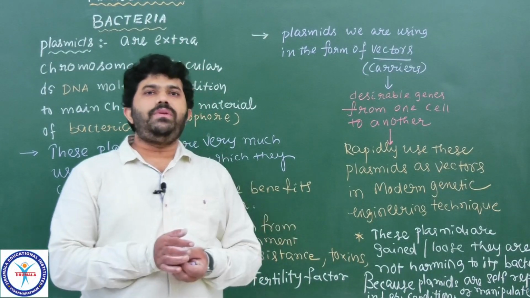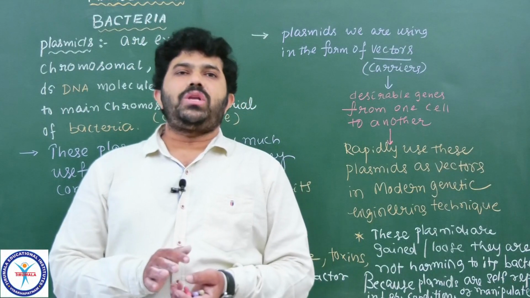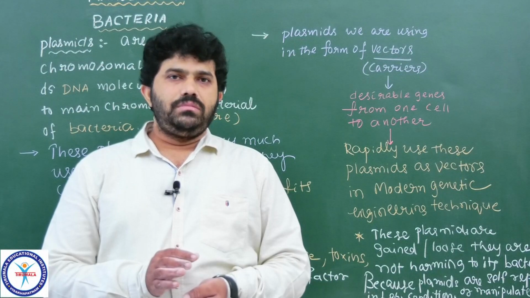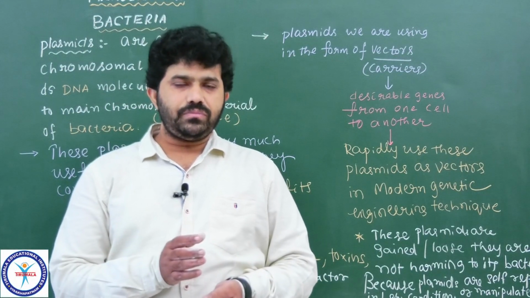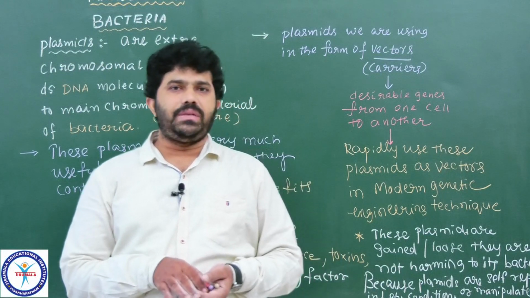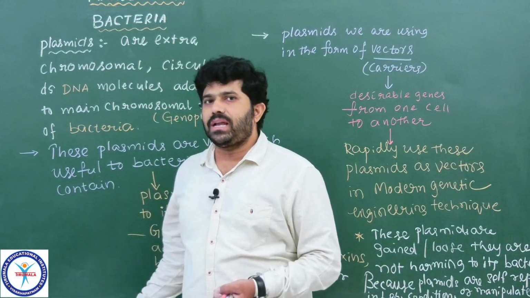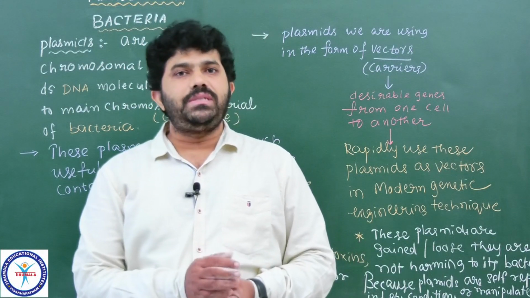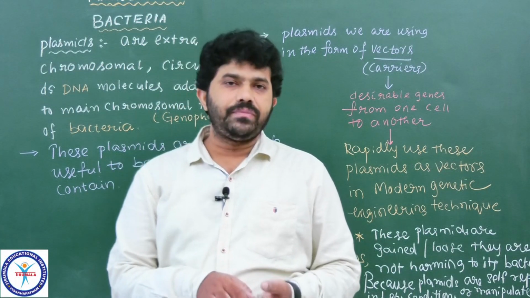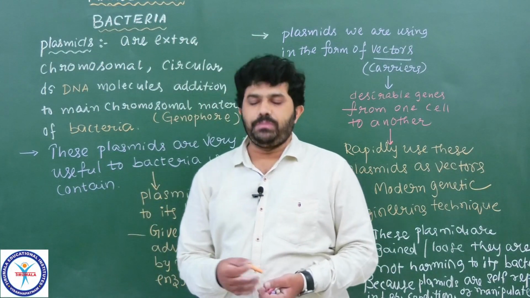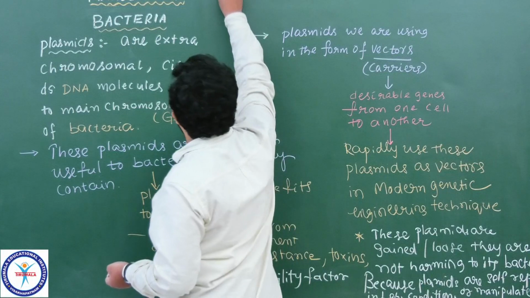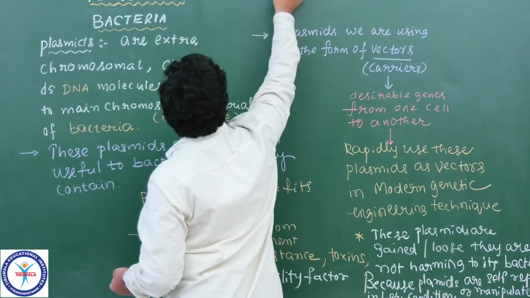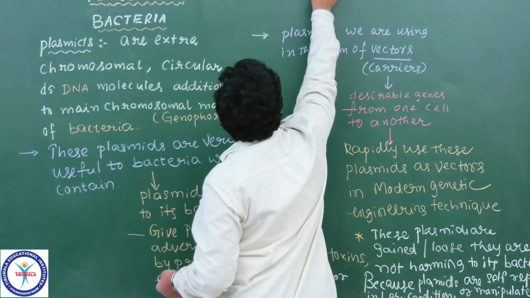So these plasmids are very, very important to the bacteria as extra genetic material which shows variables for better survival in all the bacteria in which the plasmids are present. Now got the point? We also saw different types of plasmids in the first year: R plasmids, col plasmids and sex plasmids. R plasmids are very important for resistance.